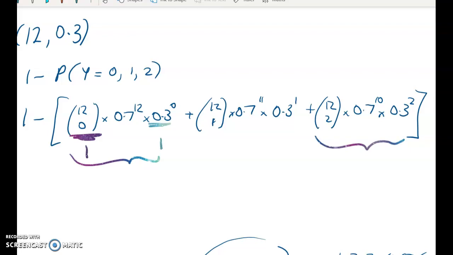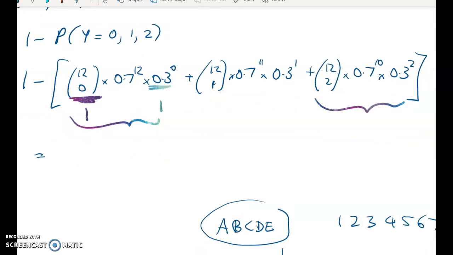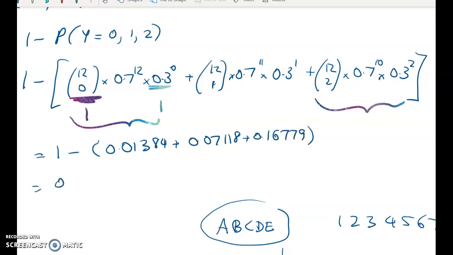So we can go from here, and this gives me 1 minus each of these. That gives me a final answer of 0.747.